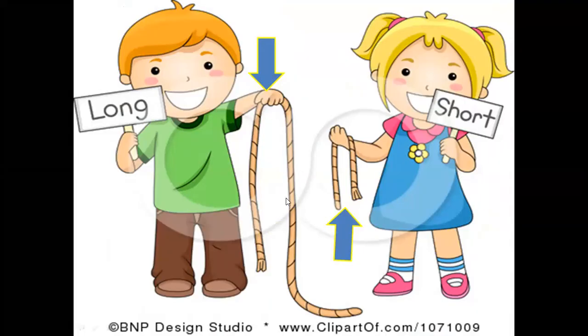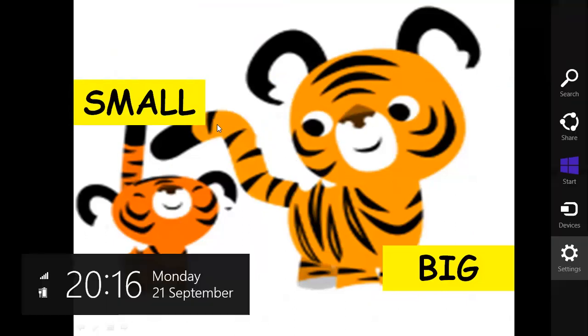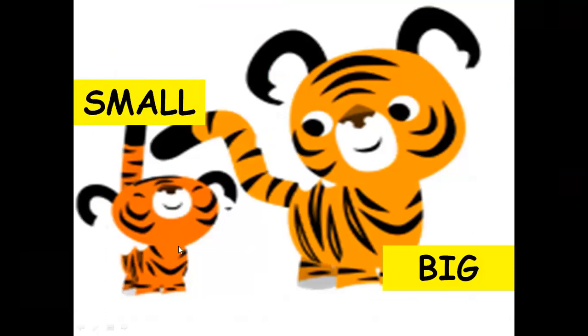The length of this rope is long, and the length of this rope is shorter than this rope. Small and big. This is a big tiger, whereas this is the small tiger. Big tiger and baby tiger, you can say.